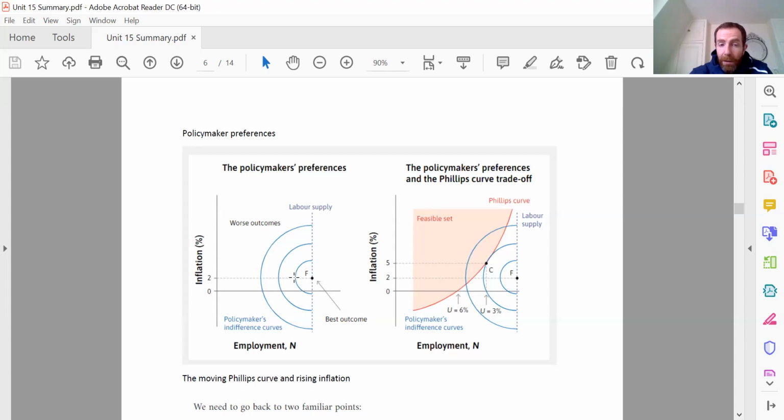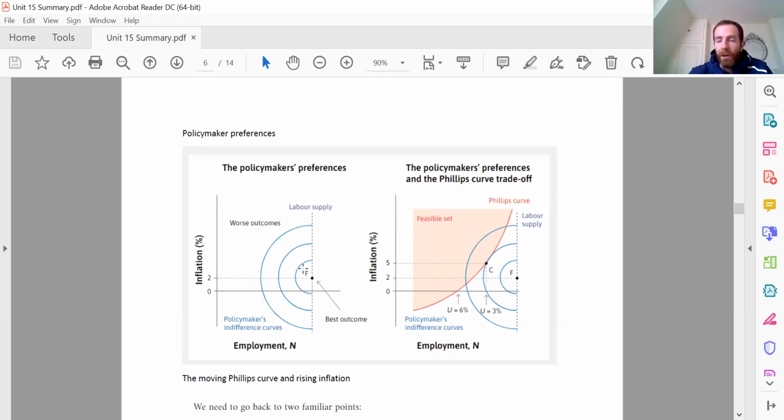We see that the policymaker would be indifferent between being at 2% inflation and this level of employment, okay? And they'd be indifferent between being there and moving up here, where inflation is above the target, but employment is a bit higher. And similarly, if we go down, they would be indifferent, moving to a position where inflation is lower than the target, but again, employment is higher.